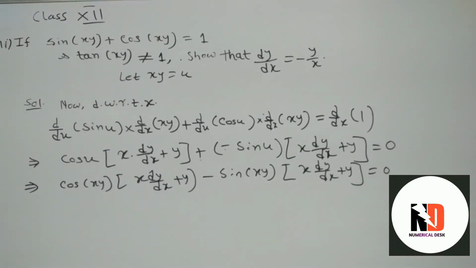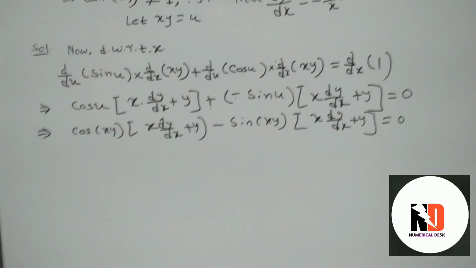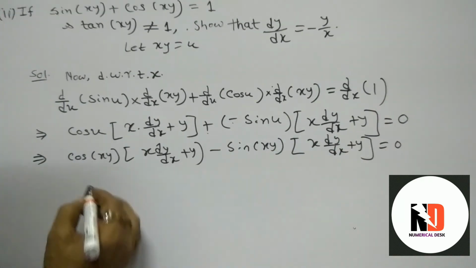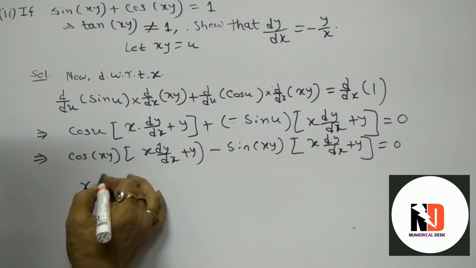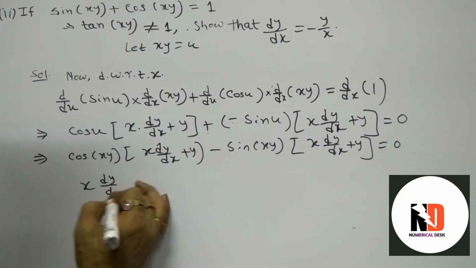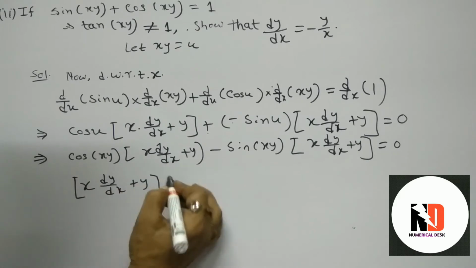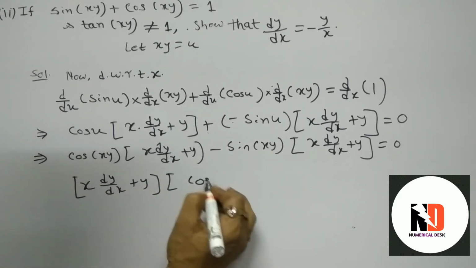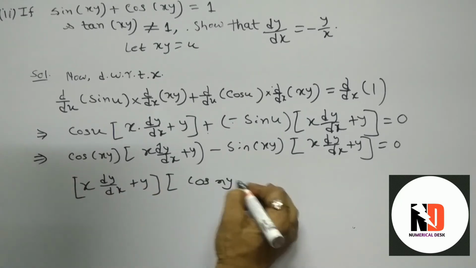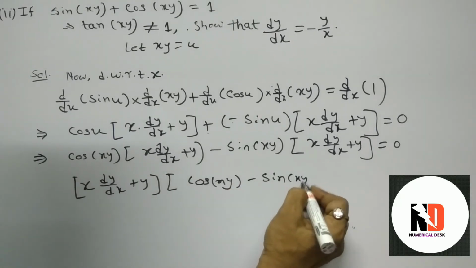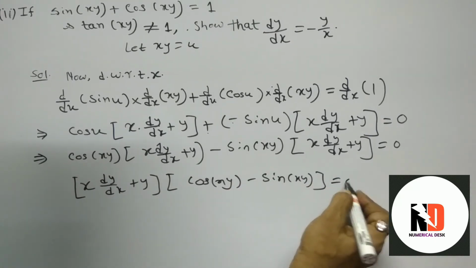Now let us take common, because x dy dx plus y is in both terms, so taking common, cos xy minus sin xy is in the bracket, equal to 0.